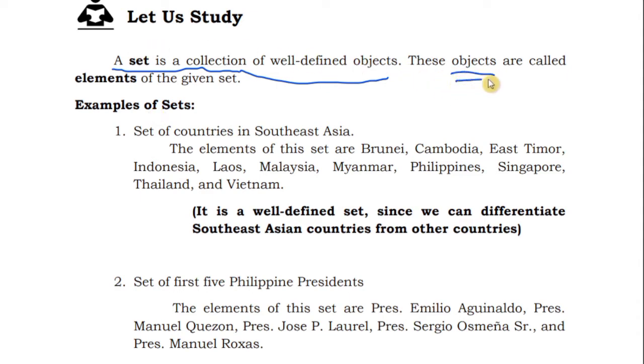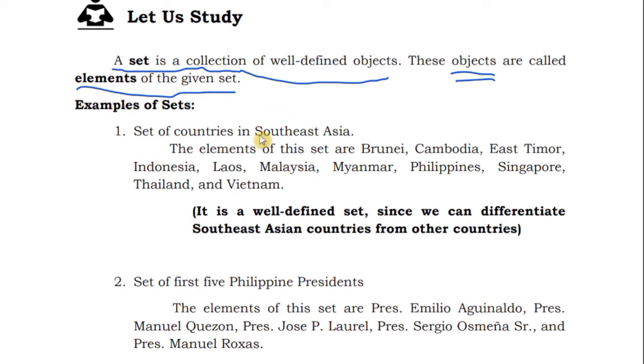Objects doesn't mean that we are talking about certain things only. It can also be non-living or living things, as long as it belongs to that group, and those are what you call the elements of the given set. For instance, we have here the set of countries in Southeast Asia.